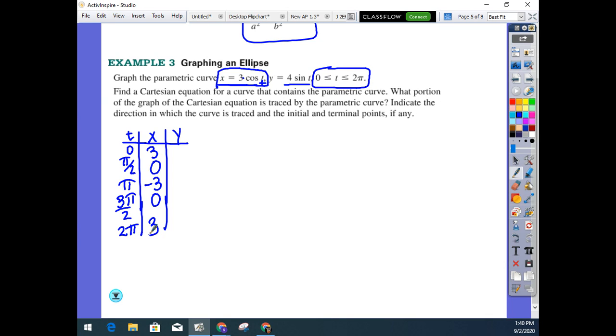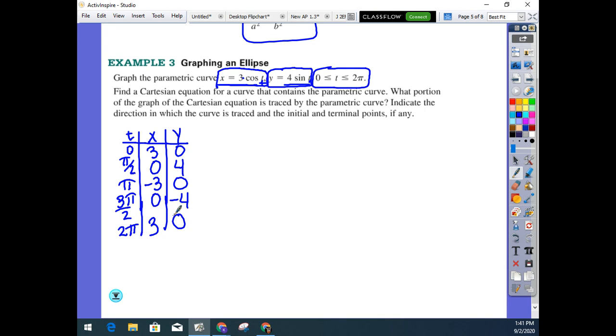Do the same thing now to find our y using 4 sine t. So sine of 0 is 0 times 4 is still 0. Sine of pi over 2 is 1 times 4 is 4. Sine of pi is 0. Sine of 3 pi over 2 is negative 1 times 4 is negative 4. Sine of 2 pi is 0.